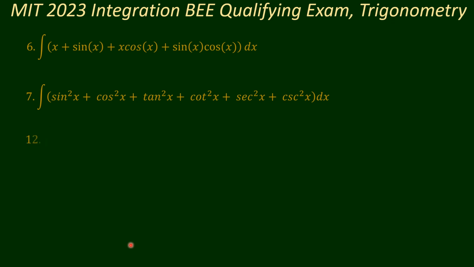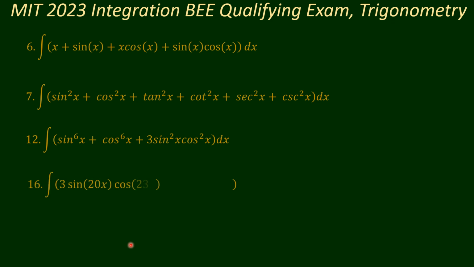Again, an indefinite integral. Problem 12, an indefinite integral of sine to the power 6 x plus cosine to the power 6 x plus 3 sine squared x times cosine squared x. Problem 16 is our next problem, which is 3 times sine 20x times cosine 23x plus 20 sine 43x.